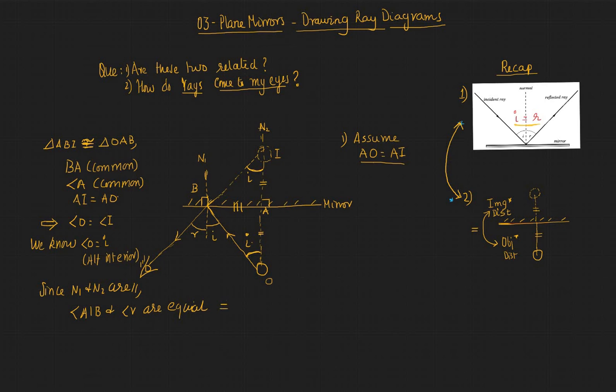So this implies that angle R equal to angle I. You may want to pause this video here and try to derive or infer this by yourself. So what this says is, if AO equal to AI, then angle I is equal to angle R. So we have proved that if one of them is true, then the other is indeed true.